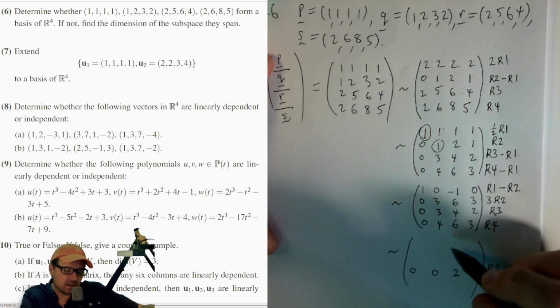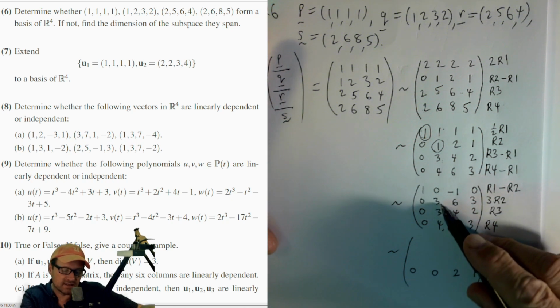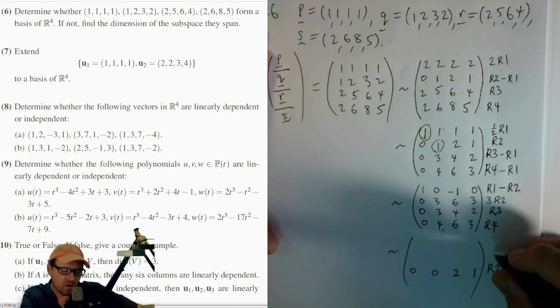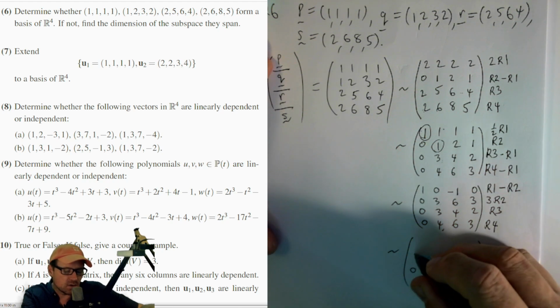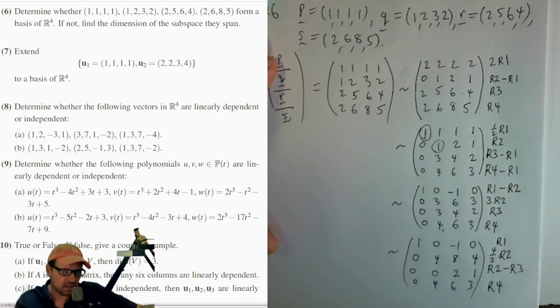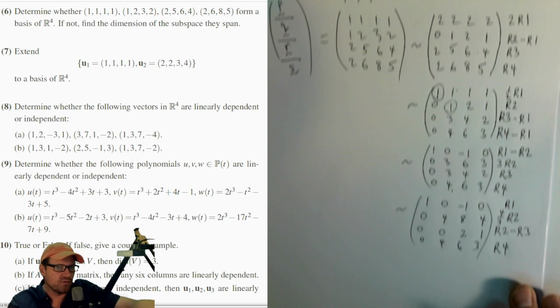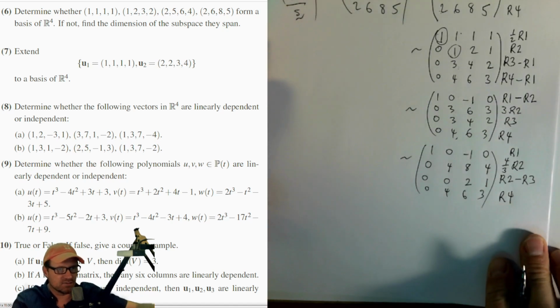Okay, and now, in anticipation of getting a 0 where that 4 is, let's make this 3 a 4 by multiplying row 2 by 4/3. So we have 0, 4, 8, and 4. Let's keep row 1 as is and row 4 as is for now. Okay, so next we want to replace row 4 with row 2 minus row 4.